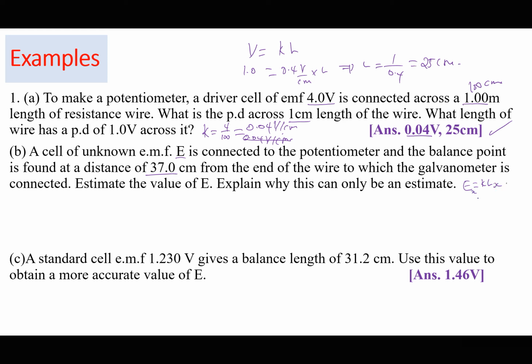So this gives me EX as being equal to 1.46 volts. So if we use this as a standard cell, then we ignore using the constant, since we have assumed that the driver cell could have an internal resistance, which may end up affecting the values that we have obtained.